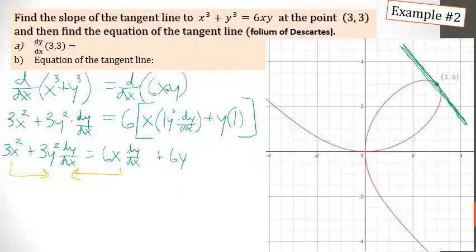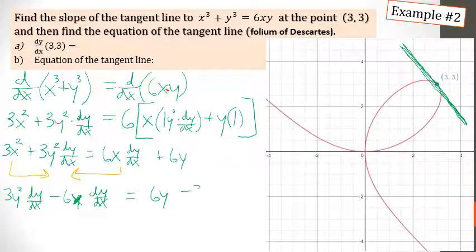So here's what we have. We have 3y squared dy/dx minus 6x dy/dx equals 6y minus 3x squared.